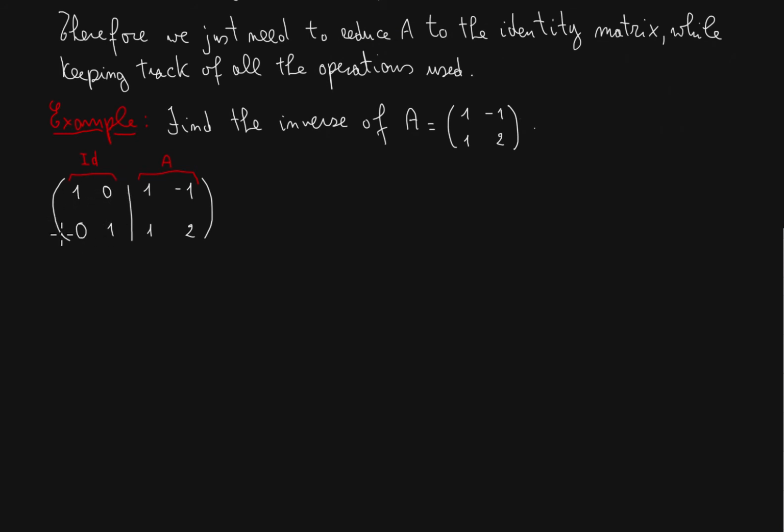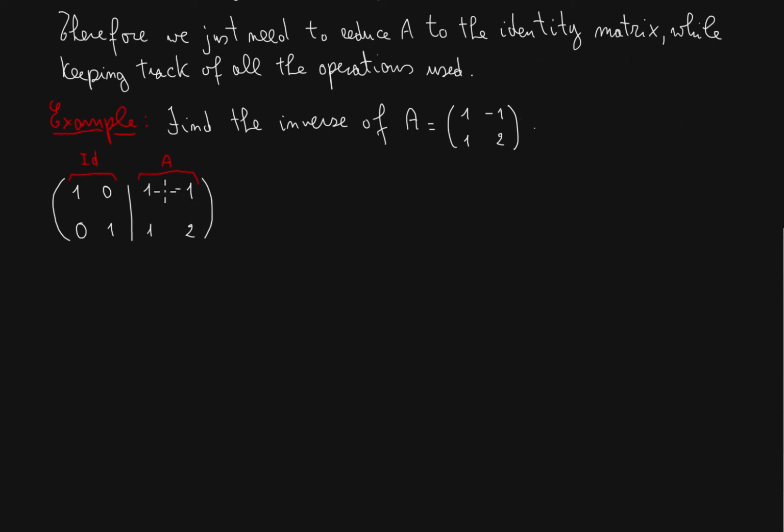It's a block matrix. On the left block we will have the identity matrix, and on the right block we will have the matrix A. Now if we apply a row elementary operation to this block matrix, the result is the same as applying the row elementary operation first on the left block and then on the right block.